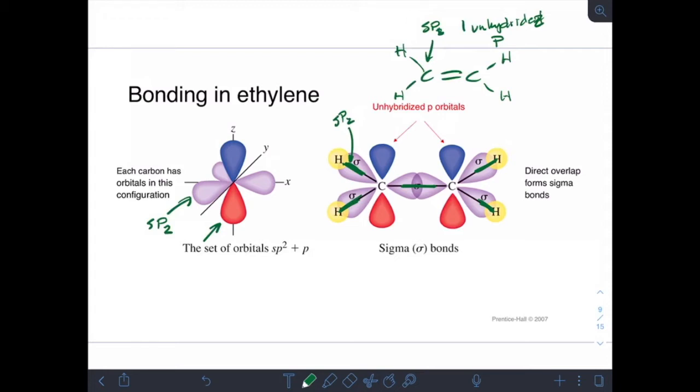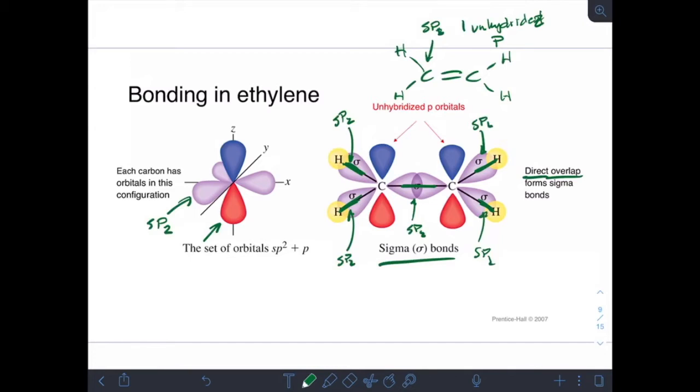So sp2, sp2, sp2, and so on and so forth. All the sp2s are doing the direct orbital overlap, and that's right here, direct overlap. When you have direct overlap, that means you have what's called a sigma bond.